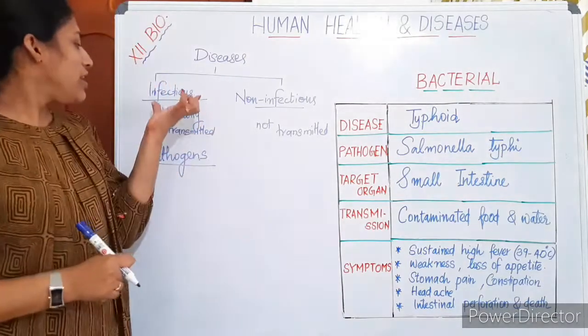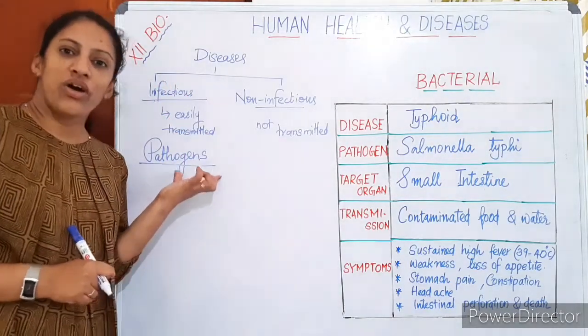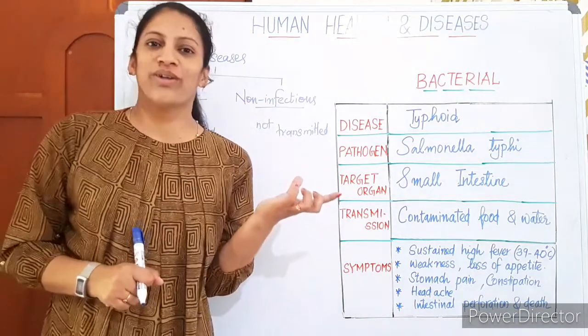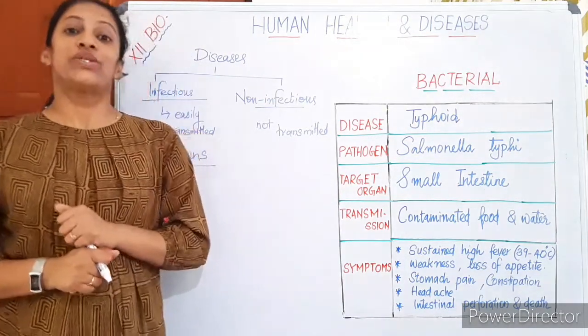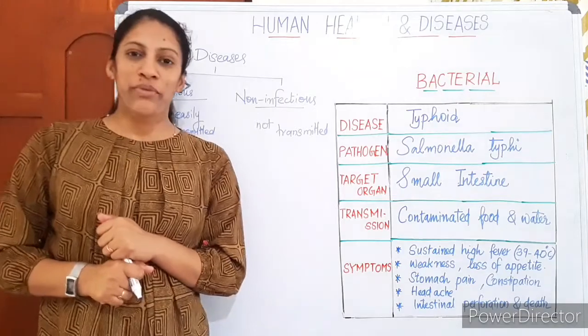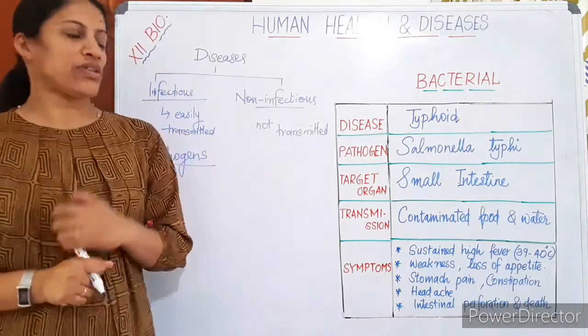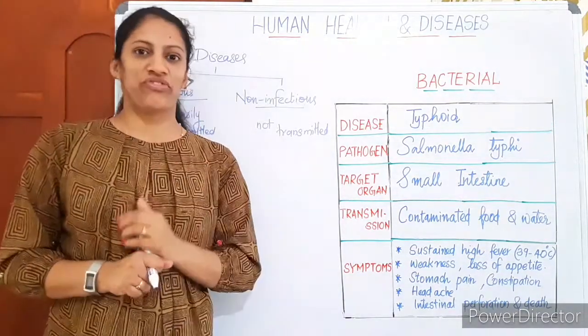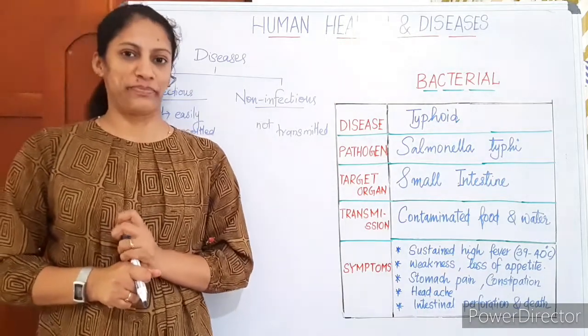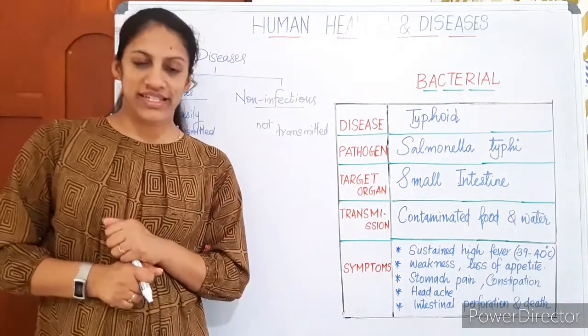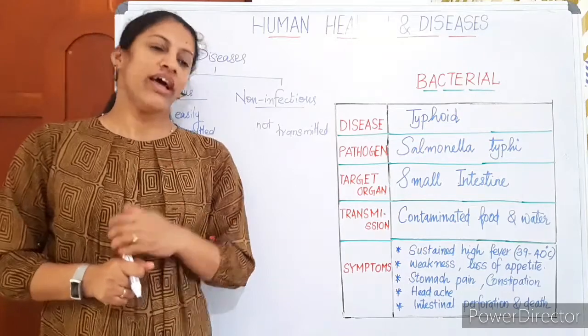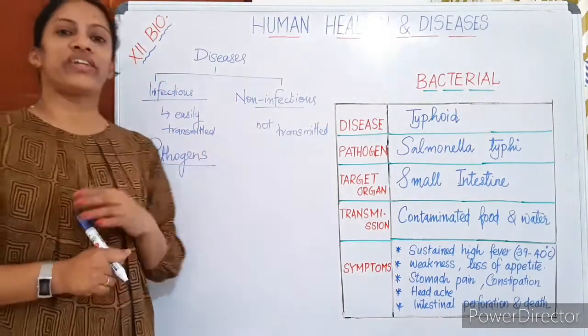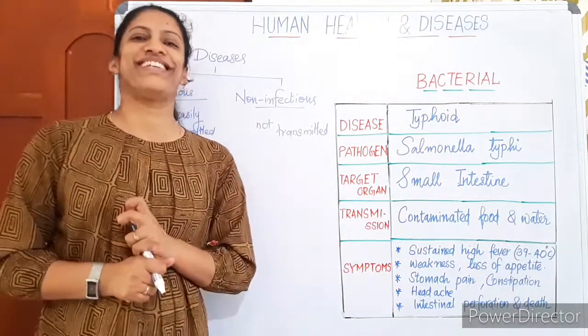Anyway, diseases are caused by agents called pathogens. So we are going to discuss some of the diseases, mostly infectious diseases and some of the non-infectious diseases in detail. Among the non-infectious diseases, you have to learn cancer, and some major infectious diseases we are going to discuss in detail.